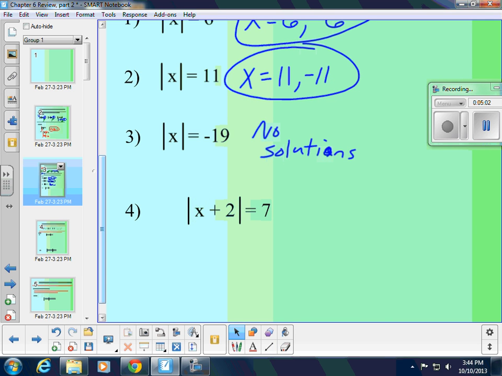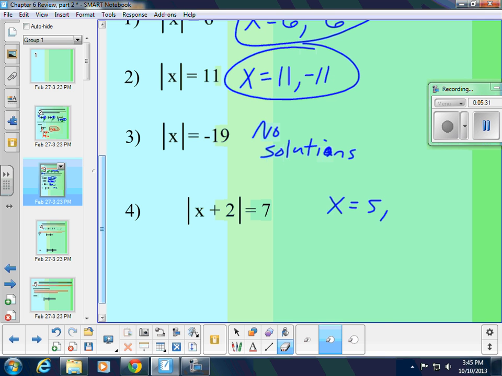Most of the time when I talk about this problem, I can even ask students what the answers are going to be, and they can usually tell me, well, x is going to be 5, that's going to be a possible answer. If I put 5 in there, 5 plus 2 would be 7, absolute value would be 7 as well. But then thinking of the other answer is a little trickier, because it's not negative 5. Thinking it out, what could I plug in for x here that I could add 2 to, and it would give me an absolute value of 7 still?